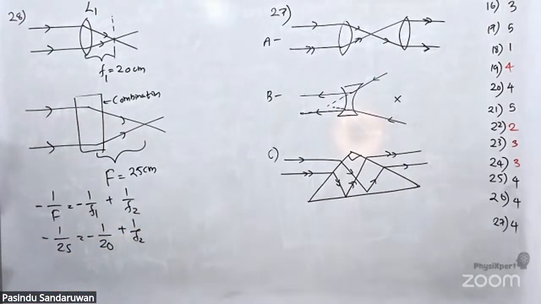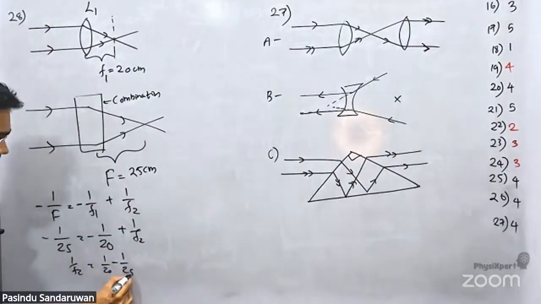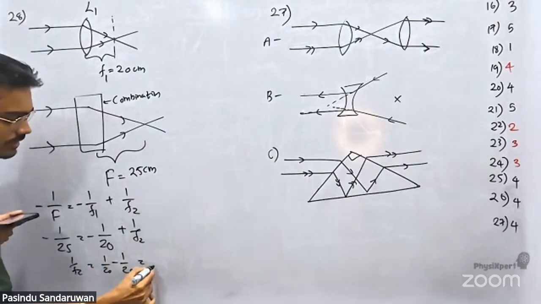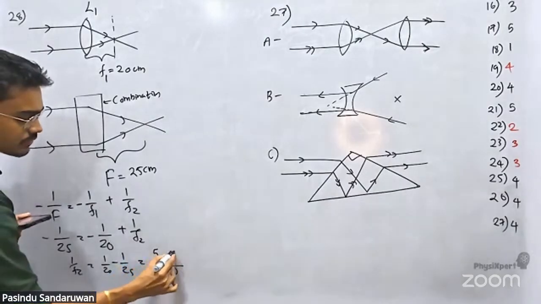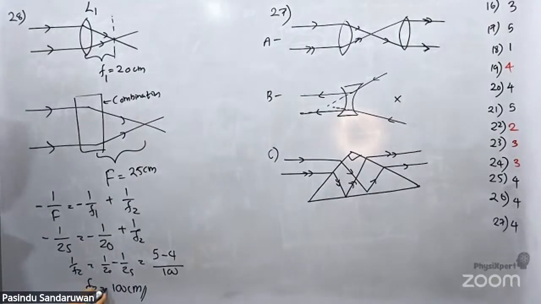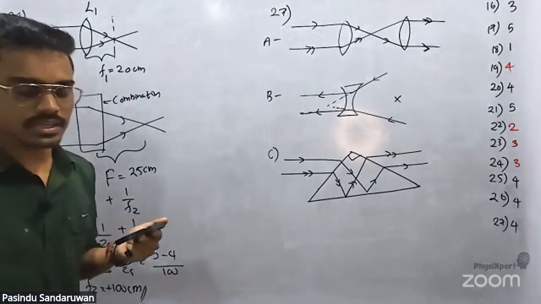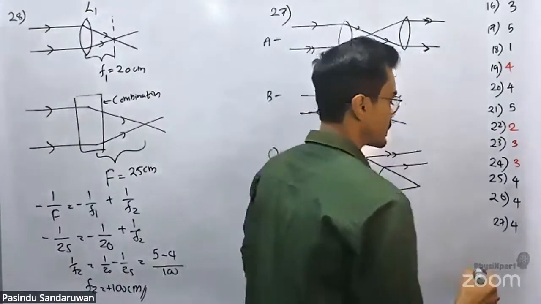Simplify this: 1 over F2 equals 1 over 20 minus 1 over 25. The common denominator is 100, so 5 minus 4, which means F2 equals 100 centimeters. F2 is plus 100, which is concave. For 28, the answer is 5.